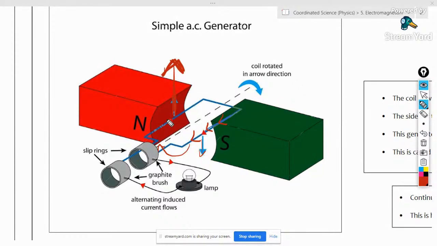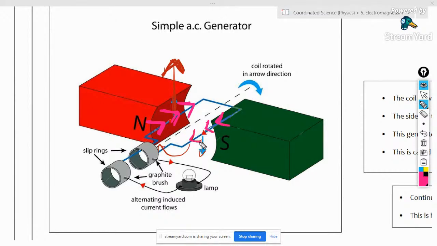So if you point your fingers from north to south again, but now point your thumb up, the palm of your hand is now pointing this way. So just notice that when the same piece of wire was over here, the current was going this way in it.